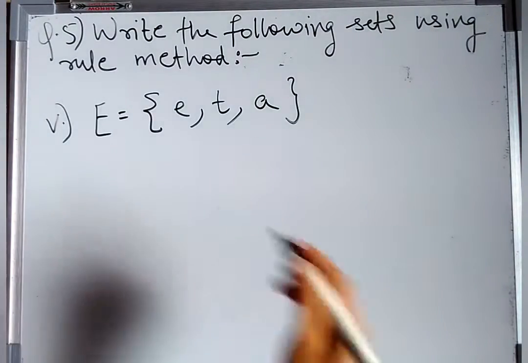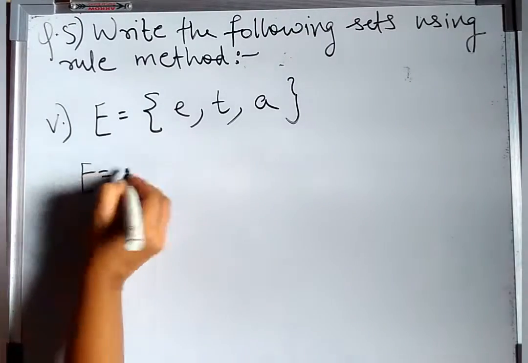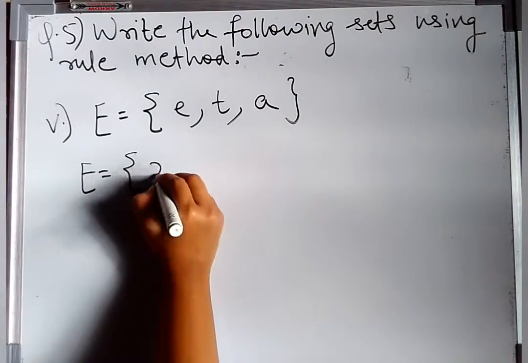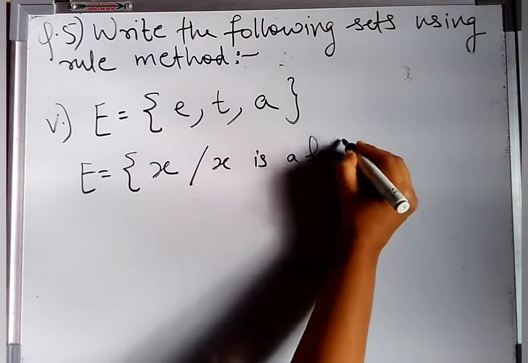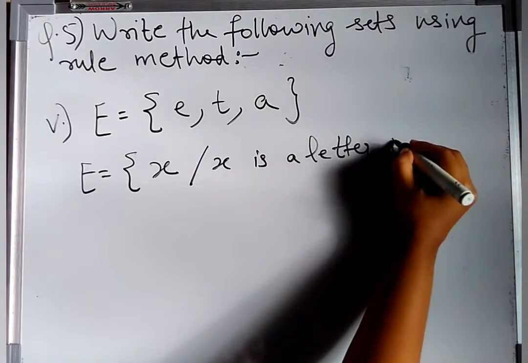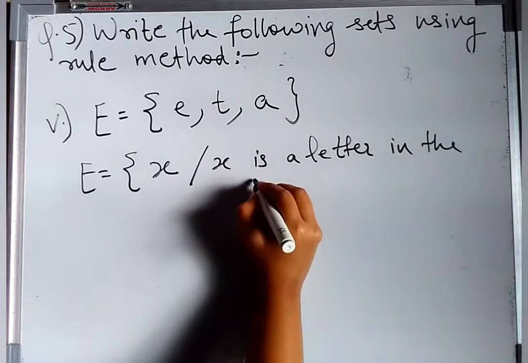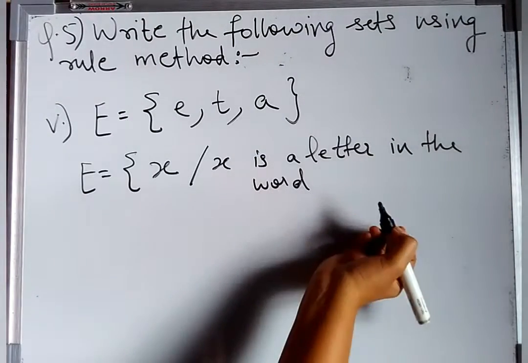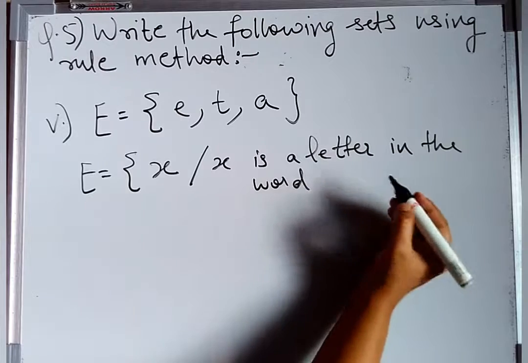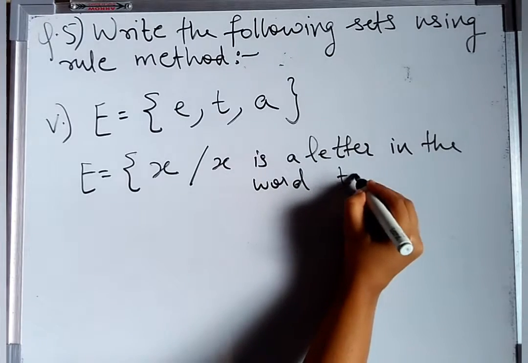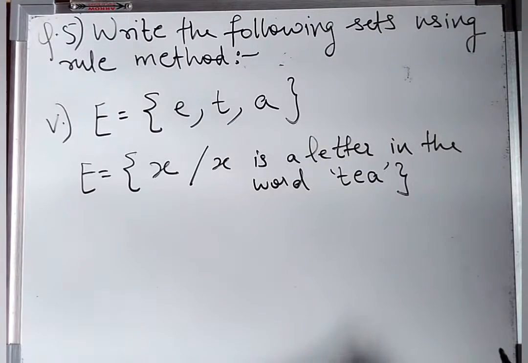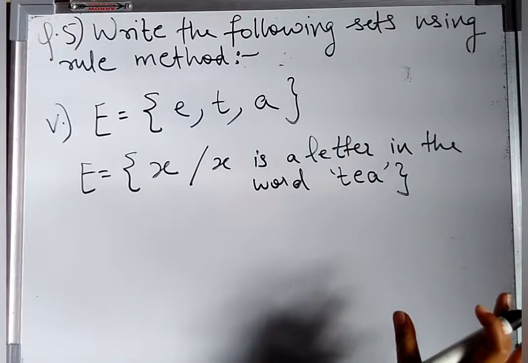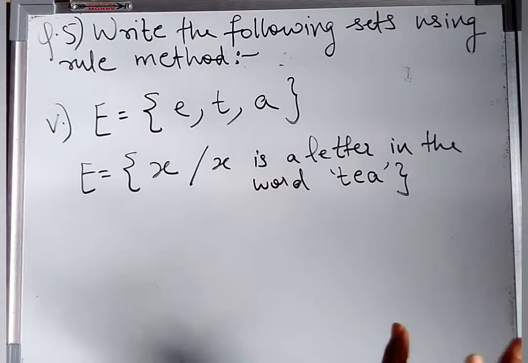Any word you can use in rule method to represent it. So E is set of all such x's, that x is a letter in the word T. I will use the word T. Simple. So we are done with the practice set 1.1.